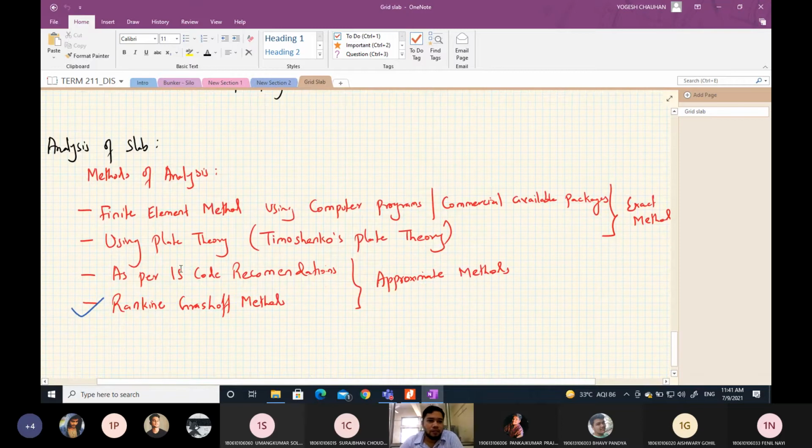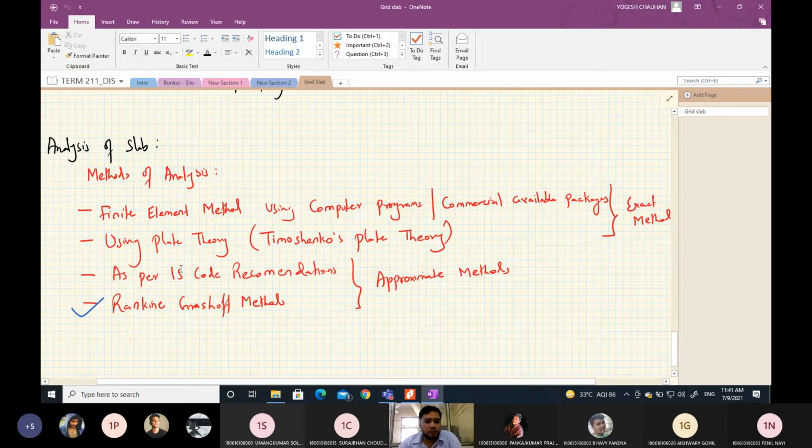Then the analysis of these grid floors. There are various methods. You can use the finite element method using computer codes or commercially available packages. You may use plate theory, such as Timoshenko's plate theory. IS codes also give recommendations to design such ribbed or voided slabs, provided certain conditions are met.